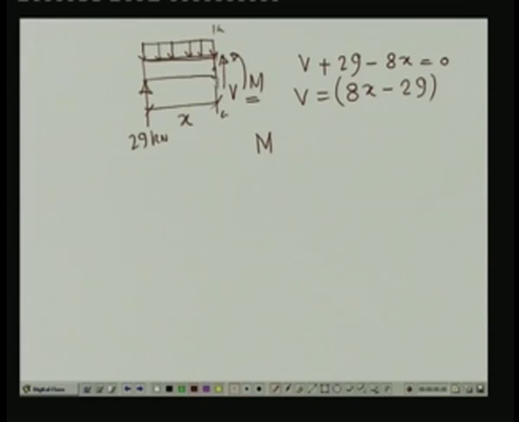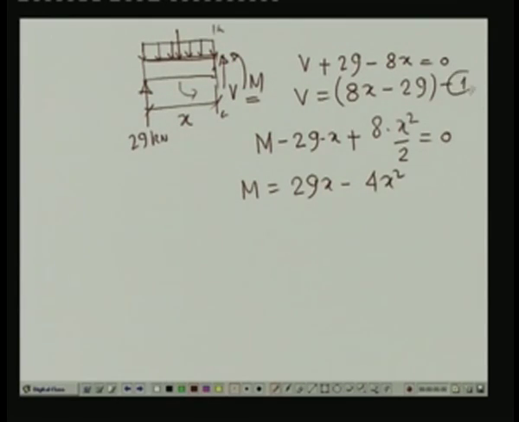RA causes a clockwise moment, so minus 29 into x, and the load causes an anticlockwise moment, so plus 8 into x square by 2. This equals 0. So, the bending moment is 29x minus 4x square. This is the value of the shear force, and this is the value of the bending moment.